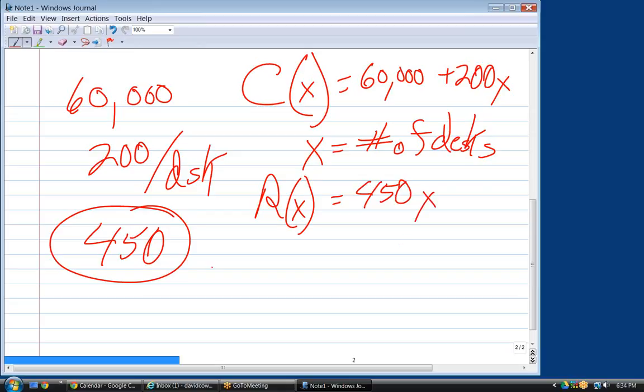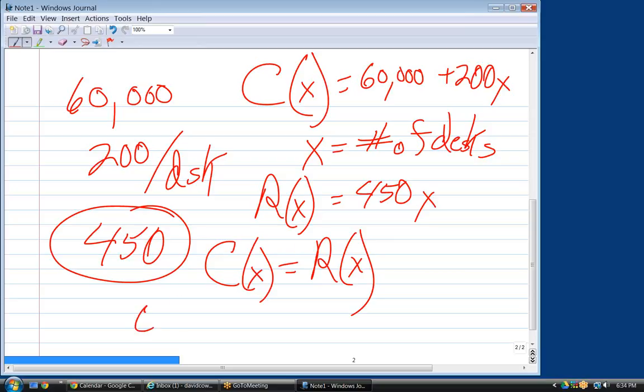Now, did they ask about the profit function also? Break-even point. Okay. Well, the break-even point is where the cost function equals the revenue function. That would be a zero profit, but that's okay. We can solve that.